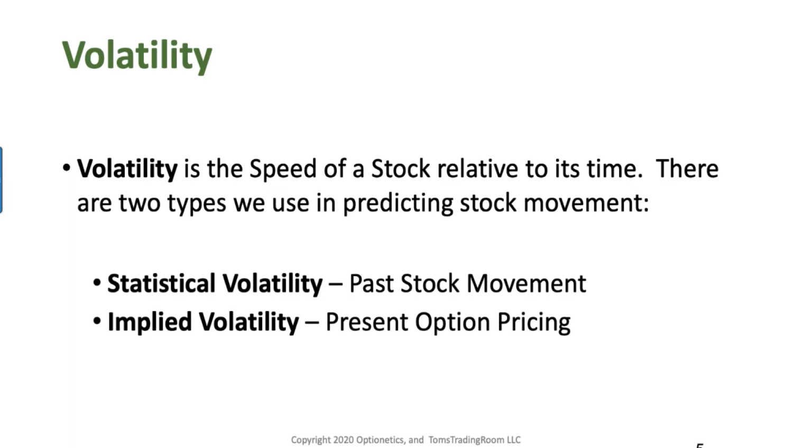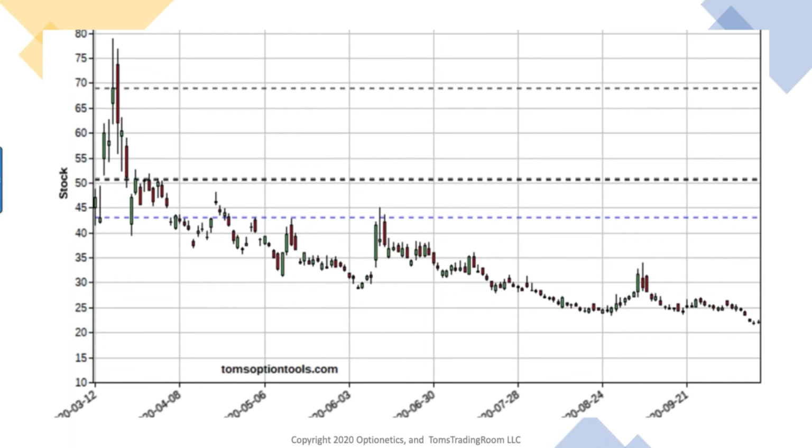So I want to show you two ideas of volatility, one that most people look at and one that very few people look at. Most people look at something like this. This is the VXX or VIX. And you can see back here during the coronavirus month of March, the VIX and VXX were trading very high.